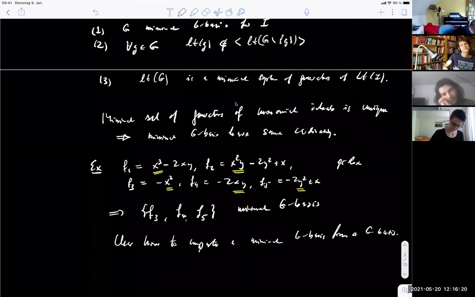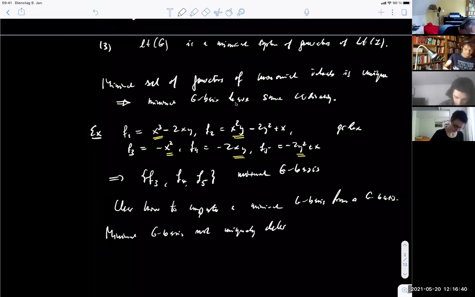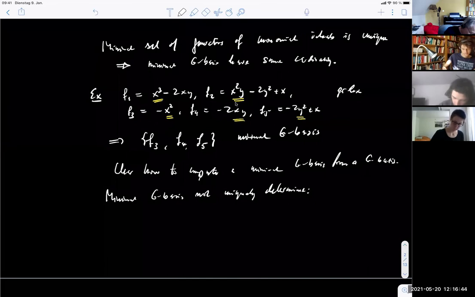But the minimal Gröbner bases are not uniquely determined. Here is a very easy example. Let's say in the above case, I add to F3 a multiple of xy.